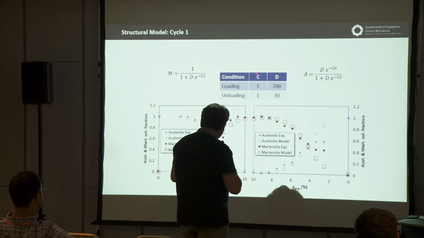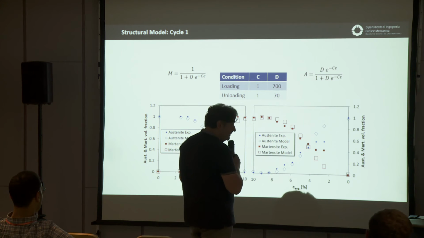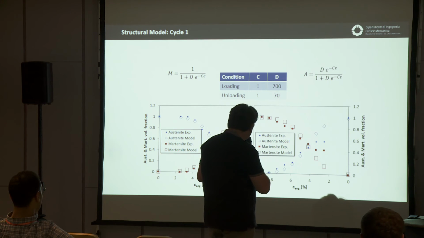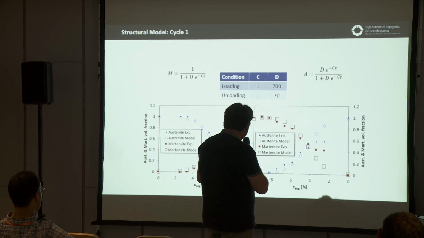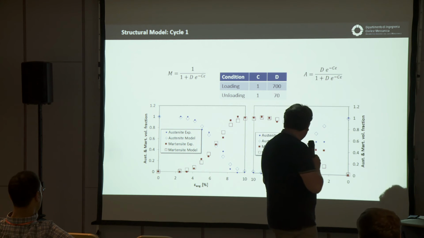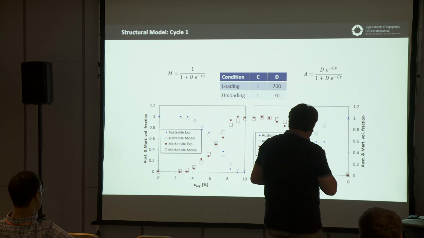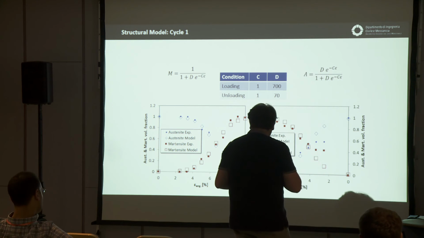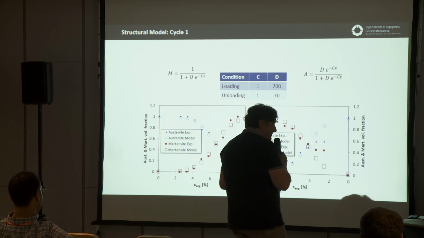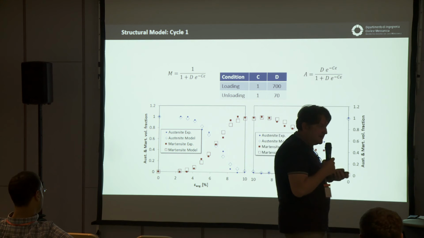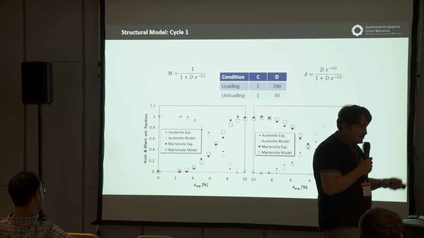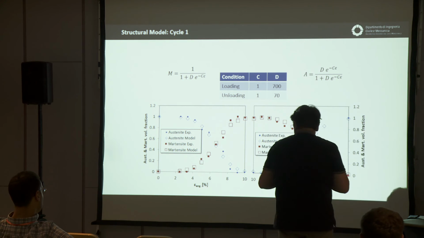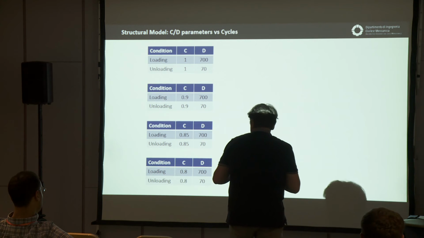You can see that C is 1 and D changes, 700 in loading condition and 70 in unloading. It means that the parameter D takes into account the hysteresis, the microstructural hysteresis. Performing the same test with 10 cycles, 50 cycles, and 100 cycles, you obtain these results.